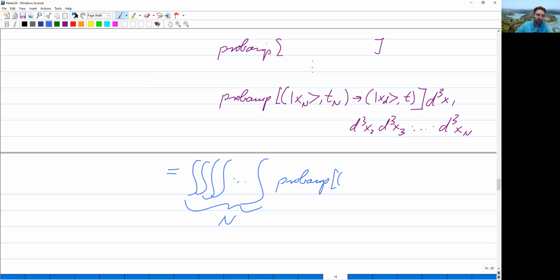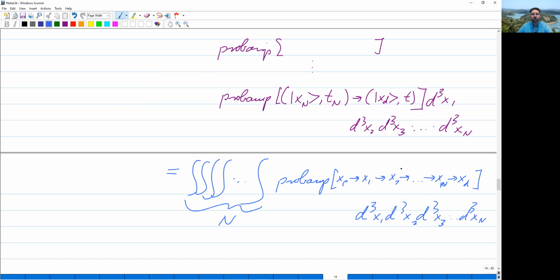Let me just symbolically write it in this way. To travel from xe to x1 to x2 to xn, and from xn to x detector at the intermediate times. Let's just not bother writing out the intermediate times. They are understood to be fixed there. And then d3x1, d3x2, d3x3 dot dot dot d3xn.